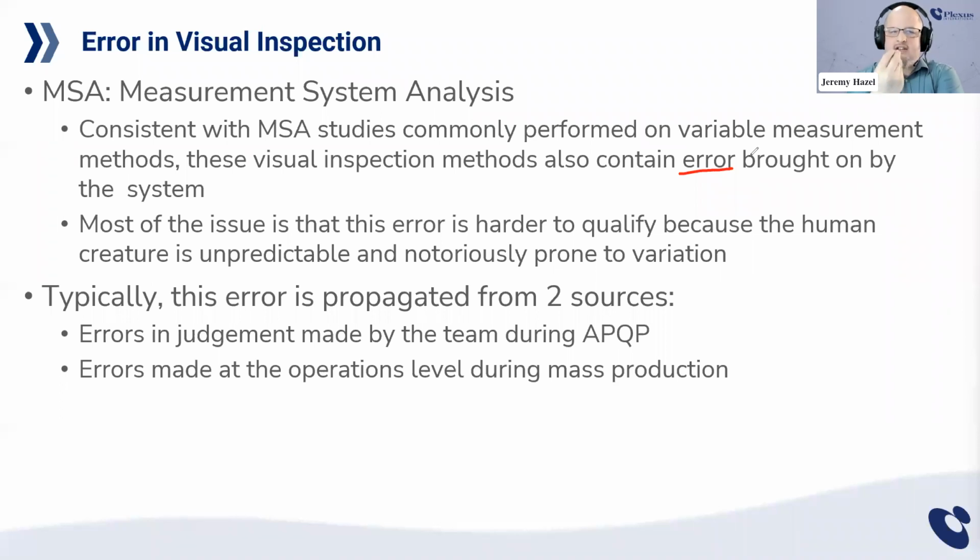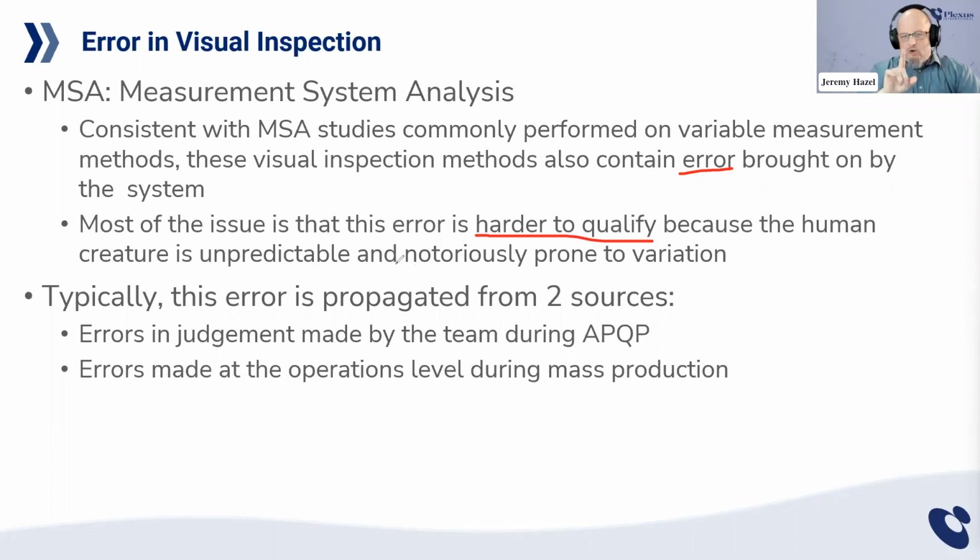This could be a small variation in the amount of difference you expect them to see, say like in color. And so we have to be able to quantify how much error we have in that system. The reason why most people fail is because the error in a visual type system is harder to qualify due to the unpredictable and notoriously, let's say, error-prone nature of the human being.